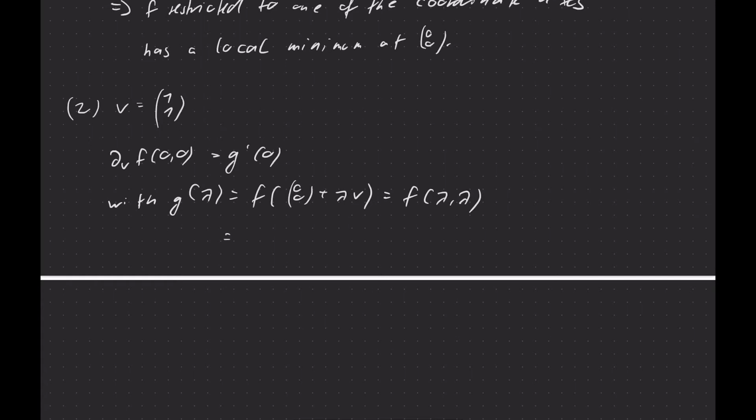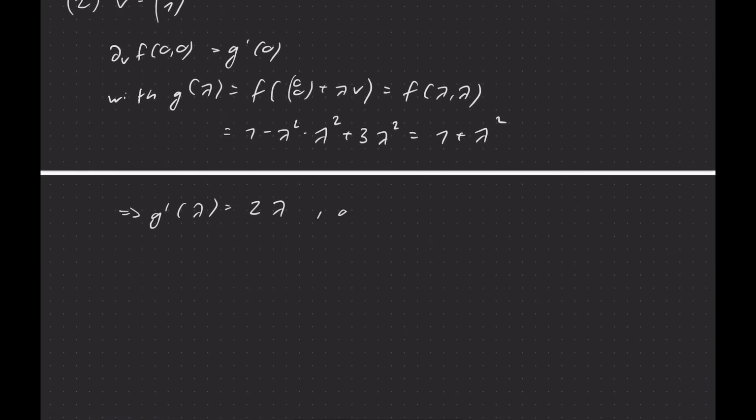You've seen that already, but it's easy to compute, of course. So that is just 1 minus lambda squared minus lambda squared plus 3 lambda squared. So what we get here is 1 plus lambda squared. And that means g prime of lambda is 2 lambda. And also g double prime of lambda is 2 plus 2 in this case.